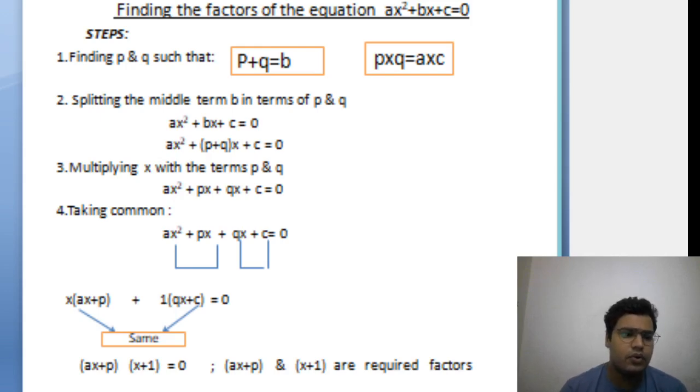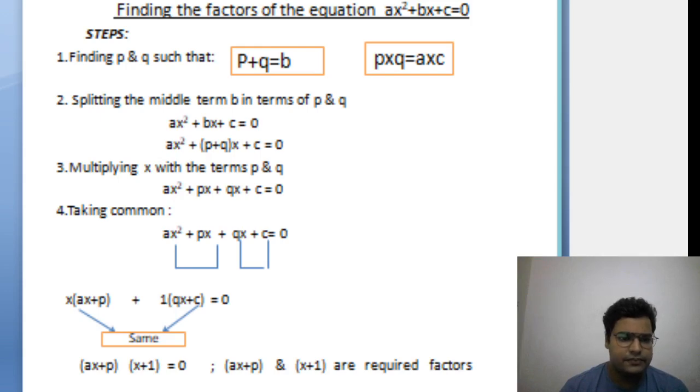What we are going to note here is that these two brackets we have received after taking common from the four terms. In this step, we receive two brackets. The first bracket is ax plus p, and the second one is qx plus c.